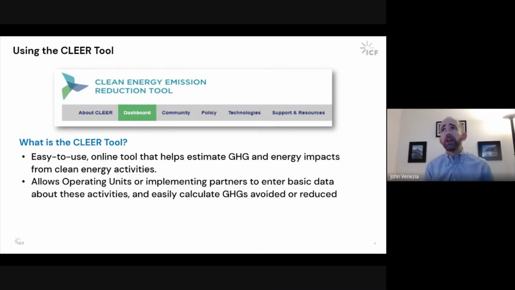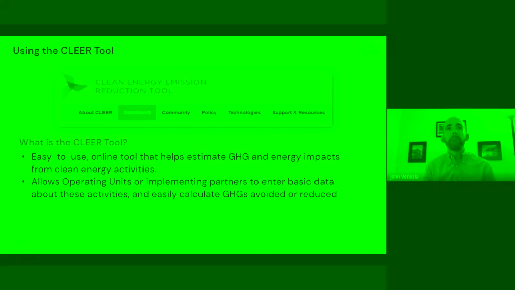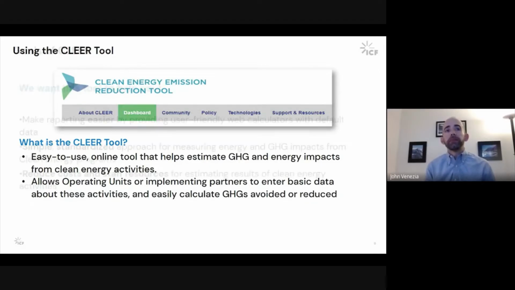We've structured it so that it can accommodate multiple different methodologies depending on the types of data you have on your projects. The focus is to standardize things and make it pretty easy to report out on your indicators. Next slide.